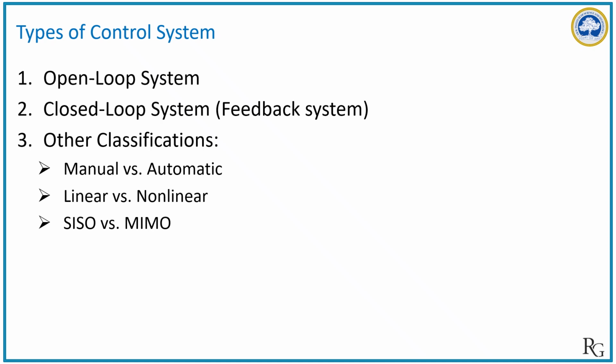So let's say if a person is driving a car by his own or her own, that is an example of manual control system, or a nurse manually administering a drug based on patient feedback or vitals. That means the nurse is checking the vitals of a patient, and based on that, the nurse is deciding how much drug should be given. So this is the example of manual control system.